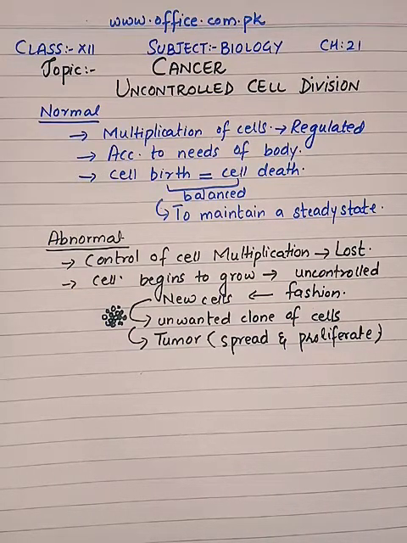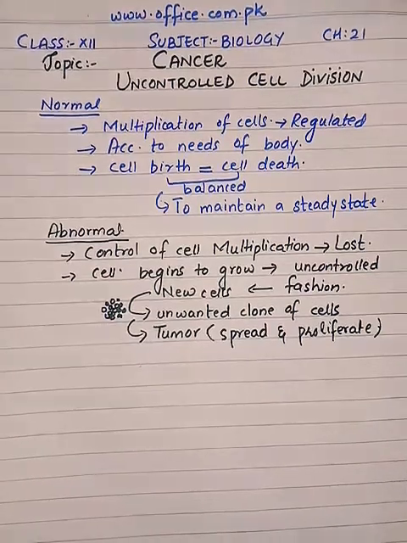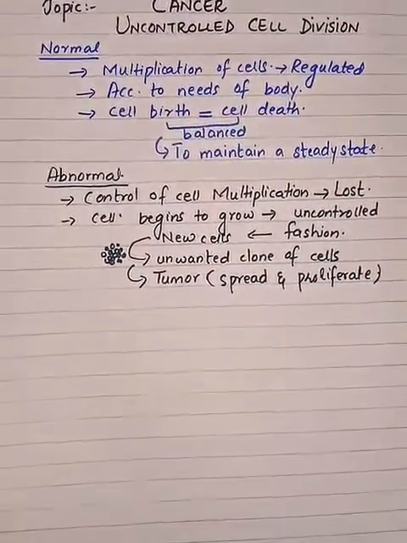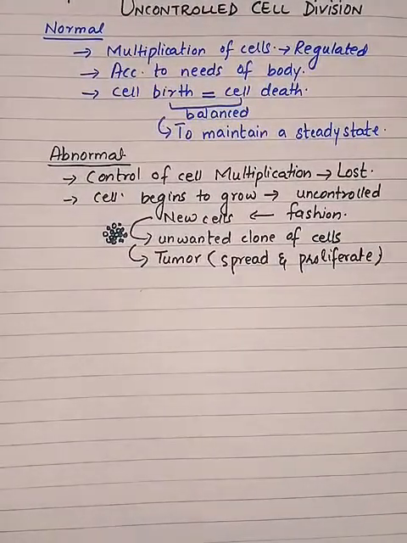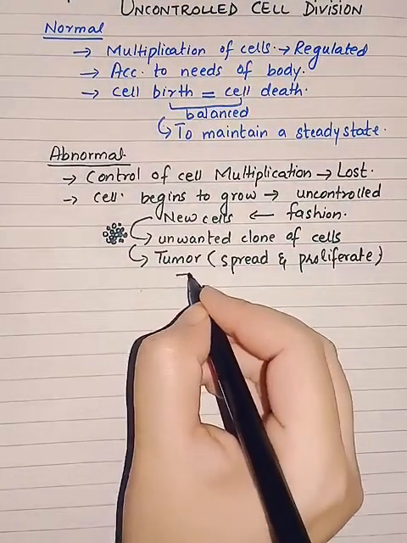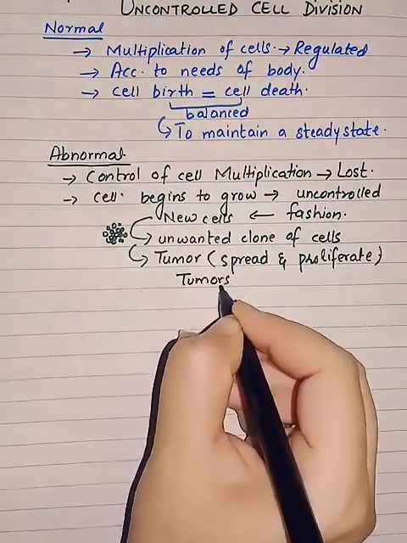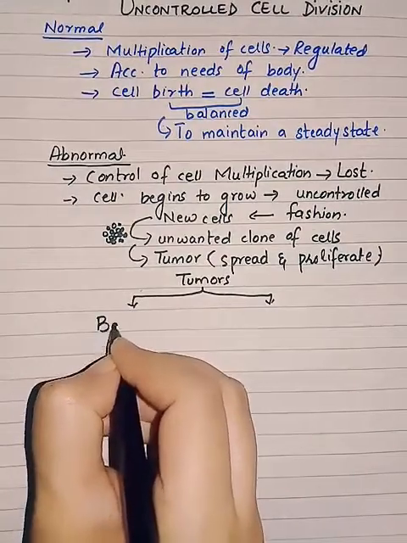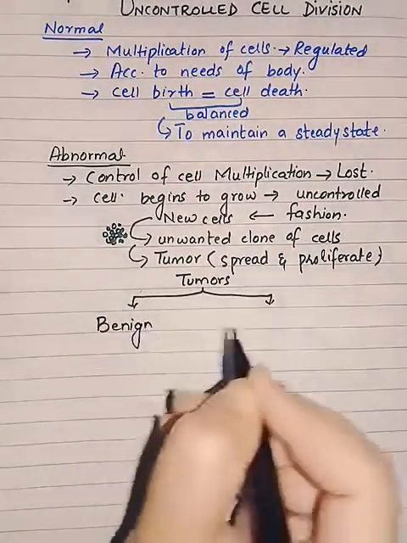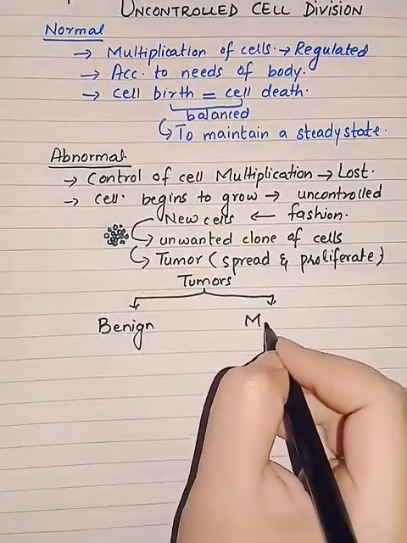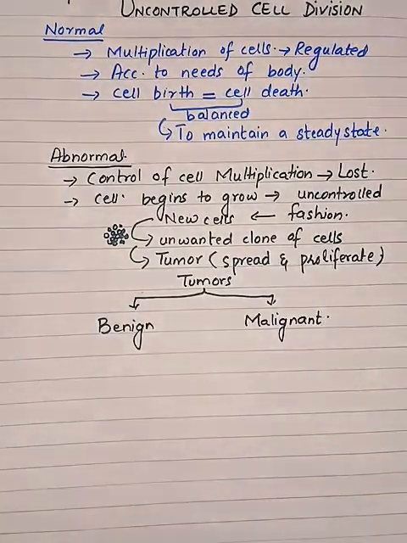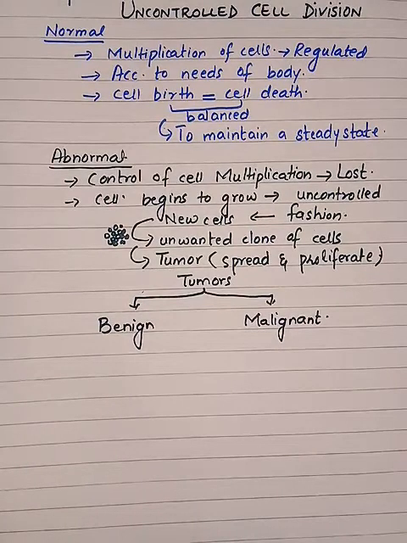Now tumors are of two basic types. Let us discuss the types of tumors. First one is benign tumors and the other one is malignant tumors. Now let us first talk about the benign tumors.